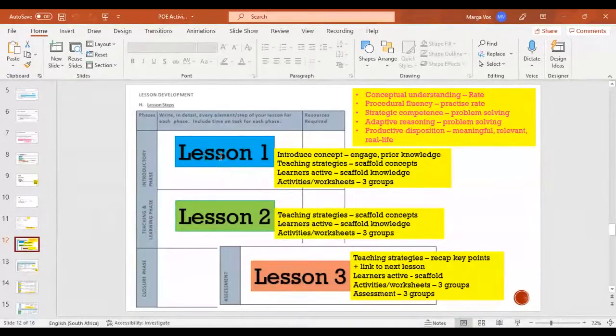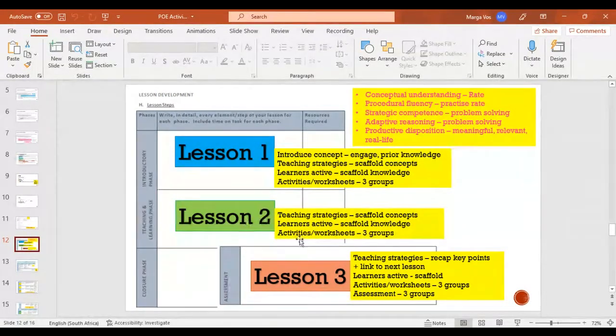You need to explain to me what you are going to do. And then you also need to describe the activities or include the worksheets that you are going to do for this lesson for 3 groups.